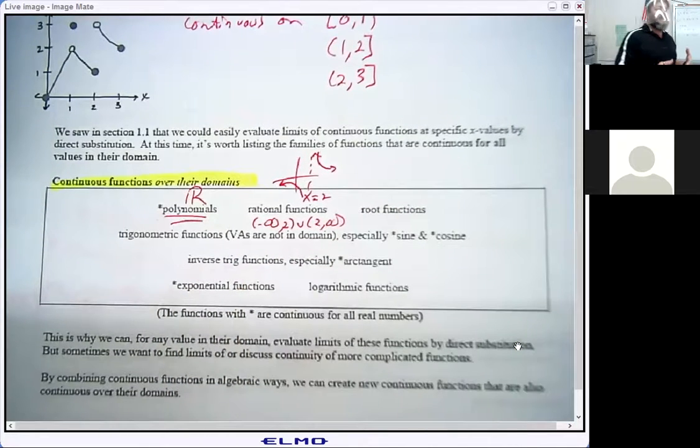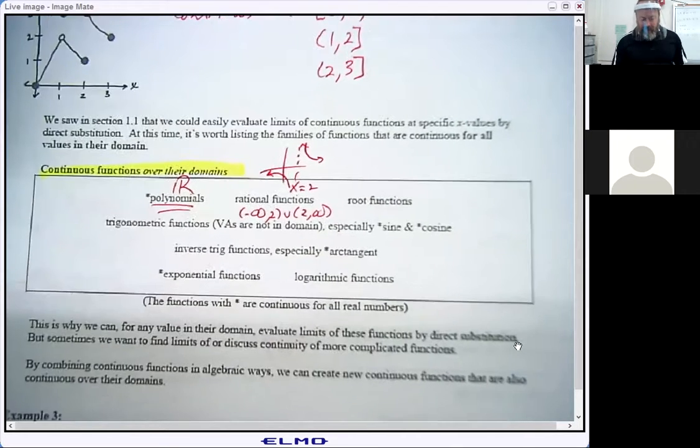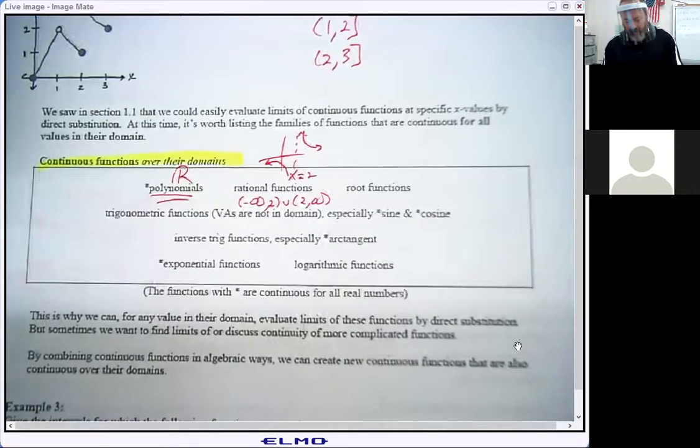See, I could say it's continuous on those open intervals, but I feel like that kind of begs the question, isn't everything going to be continuous on its domain? I mean, last year we kept listing domains, didn't we? Everything's going to be continuous if you break it up in those things. So anyway, that's not that big of a deal. I just don't like it too much.